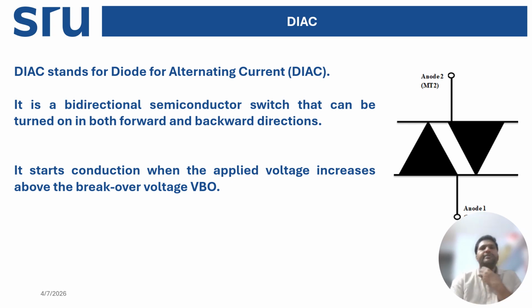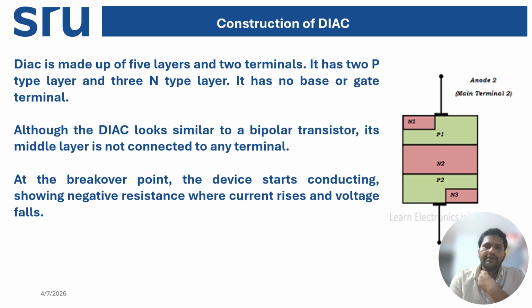So working principle of DIAC: a bidirectional switching. The structure uses semiconductor layers of p-type and n-type, typically has 3-layer PNP and NPN or 5-layer structure, that is symmetrical design.